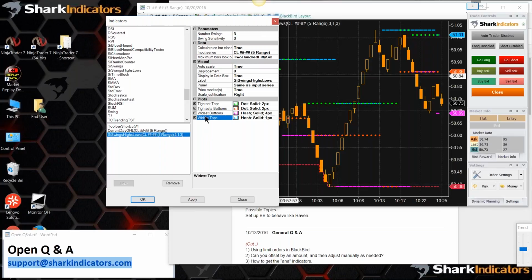Now I just need to figure out, do I want to use the widest plots or the tightest plots? I think we want to use the widest plots in this case, because if we're taking trades off of new lows, then those are going to be lower low swing points. Let's see. Well, it's not the first one.